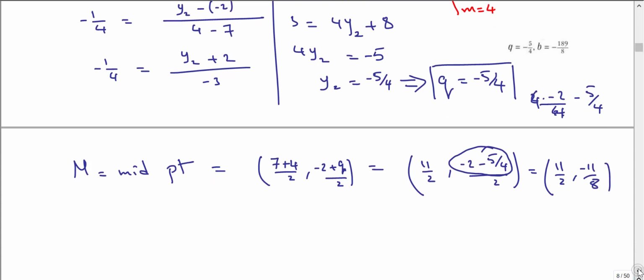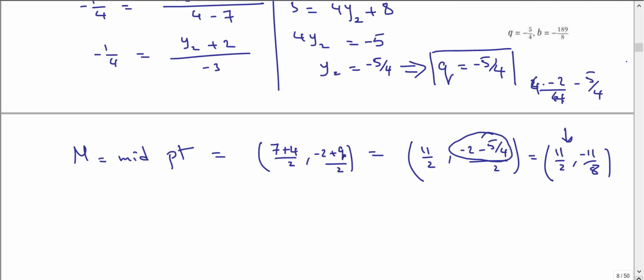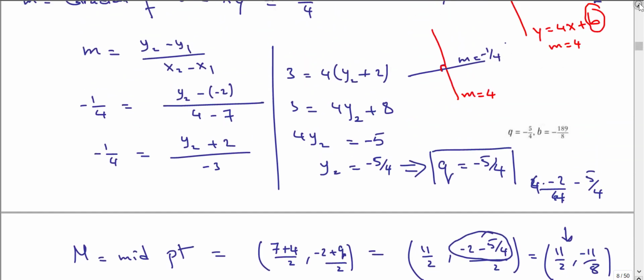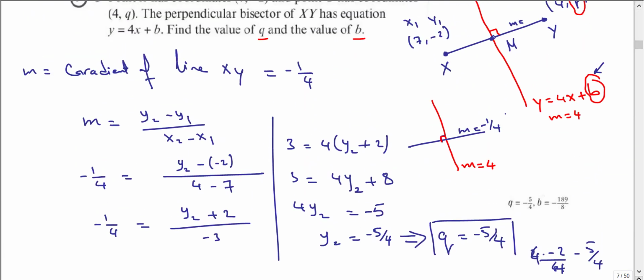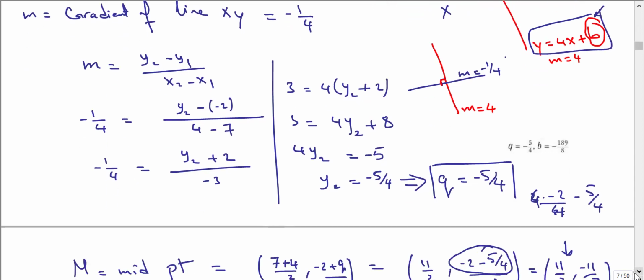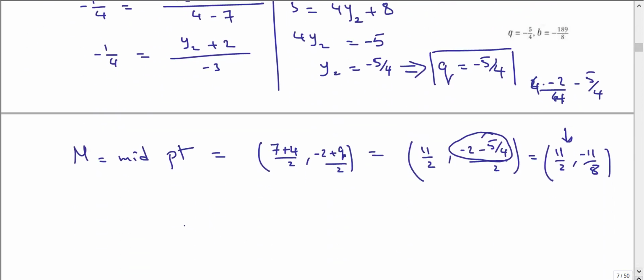Take this value and substitute. Take the point here. This is the midpoint M, and it is on the line, the red line. So you can use it here: y equals 4x plus b. We substitute the midpoint. This problem is a little bit difficult because of the fractions.